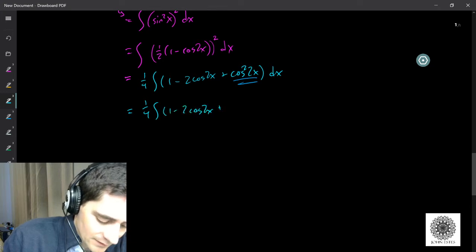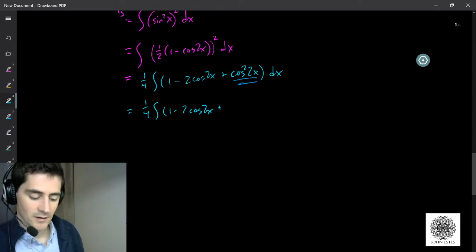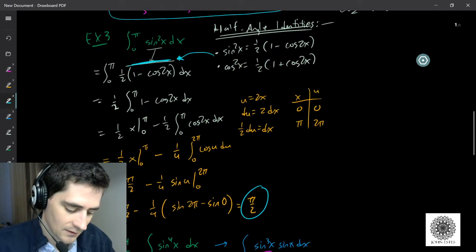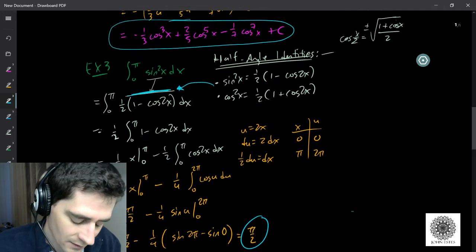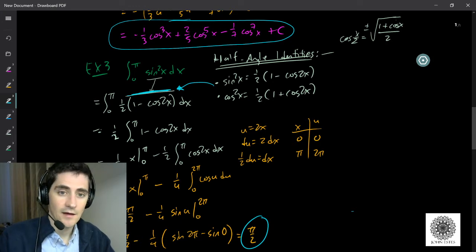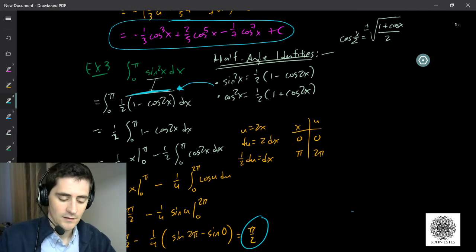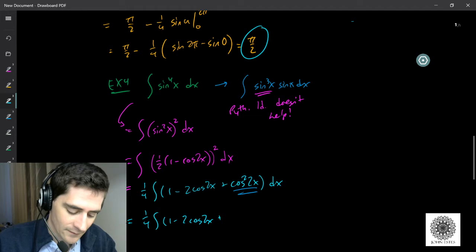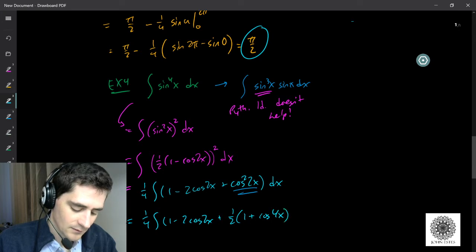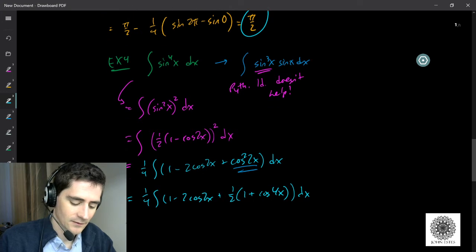Okay, so the cosine squared 2x, again, we're going to use this identity that cosine squared x is 1/2 (1 plus cosine 2x), but this time we're replacing x with 2x. So it's going to go 1/2 (1 plus cosine 4x). You have to double that angle, and we have dx of all this.